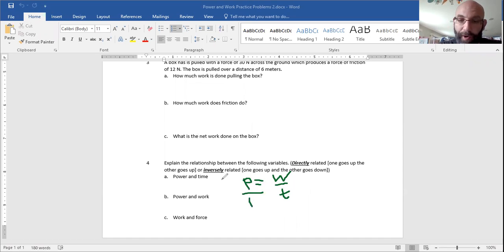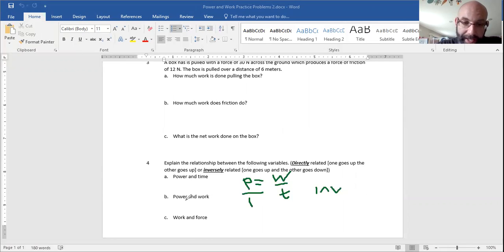So power and time are opposites of each other. Power is on the top of one side of the equation and time is on the bottom of the other side. That means they're inversely related. If it takes more time to do a task, the amount of power required goes down, and if the time goes down, then the power required goes up. So this is inversely related.